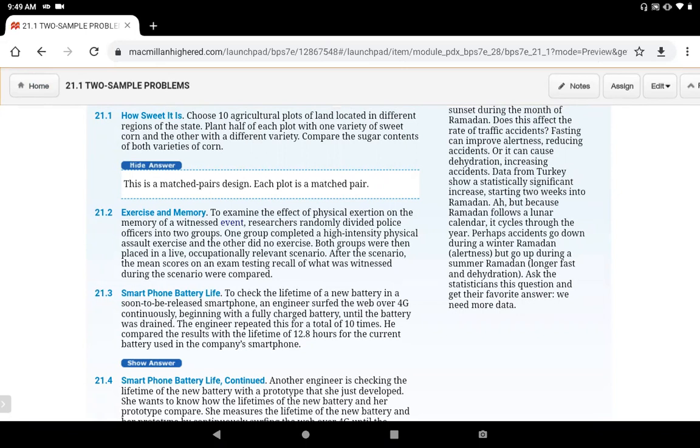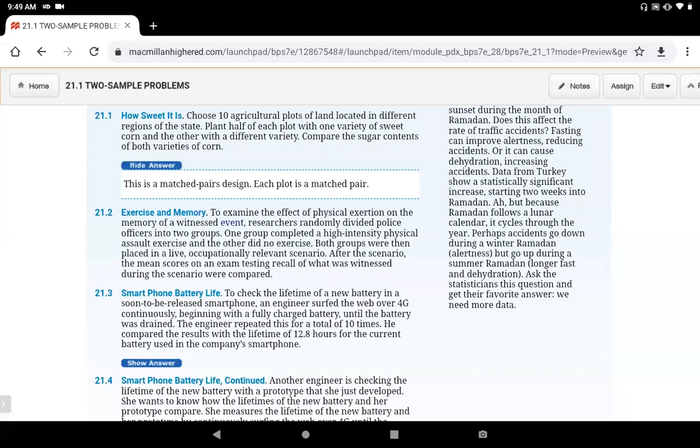And so the location itself was like having twins, right? And then we did something to one set of the twins and not to the other, or having planted 2 different varieties on the same virtual plot of land. So because we're doing 2 things to 1 plot of land, this is a matched pairs design.